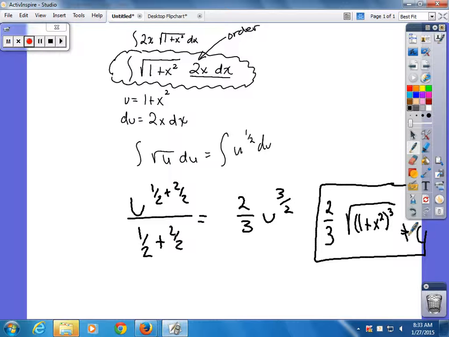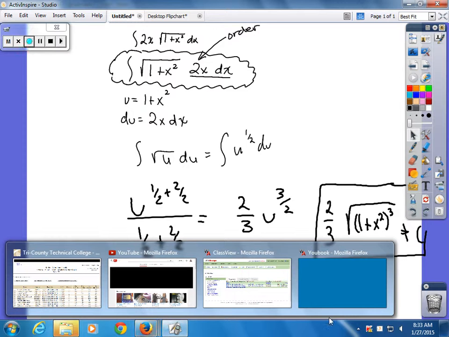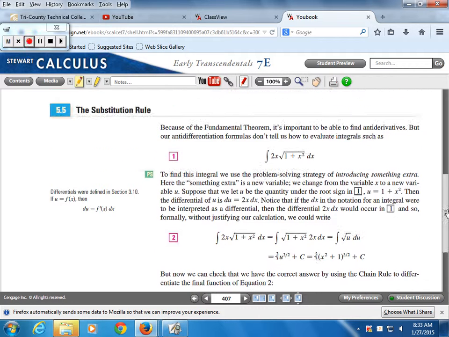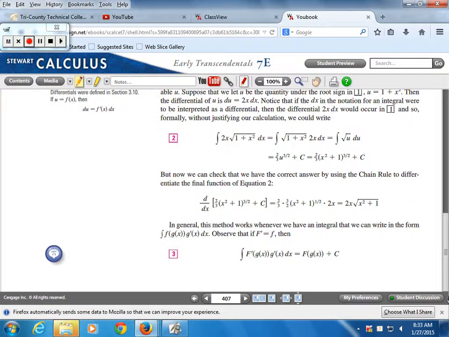And that should be what they got. Yep. Right there. 2/3 x squared plus 1 to the 3/2. Is that what we got? Okay.